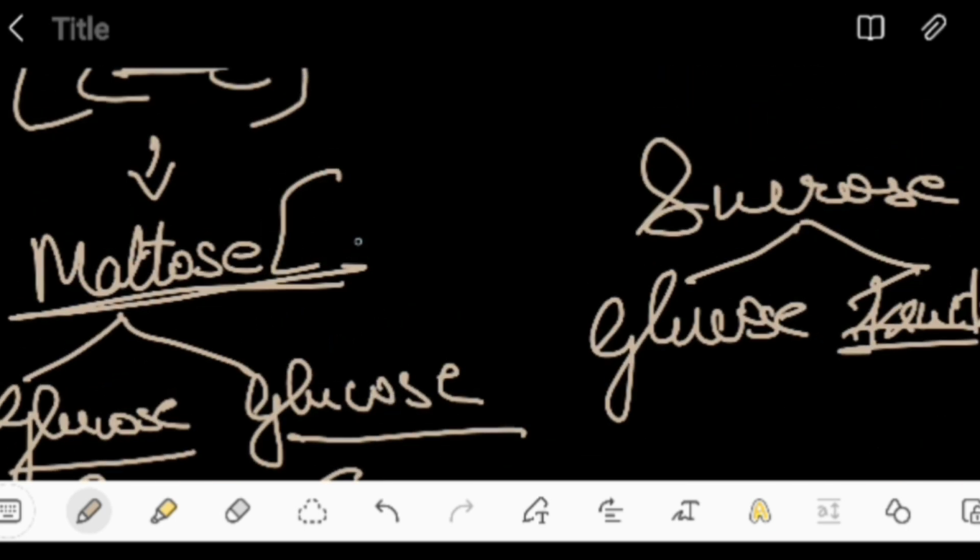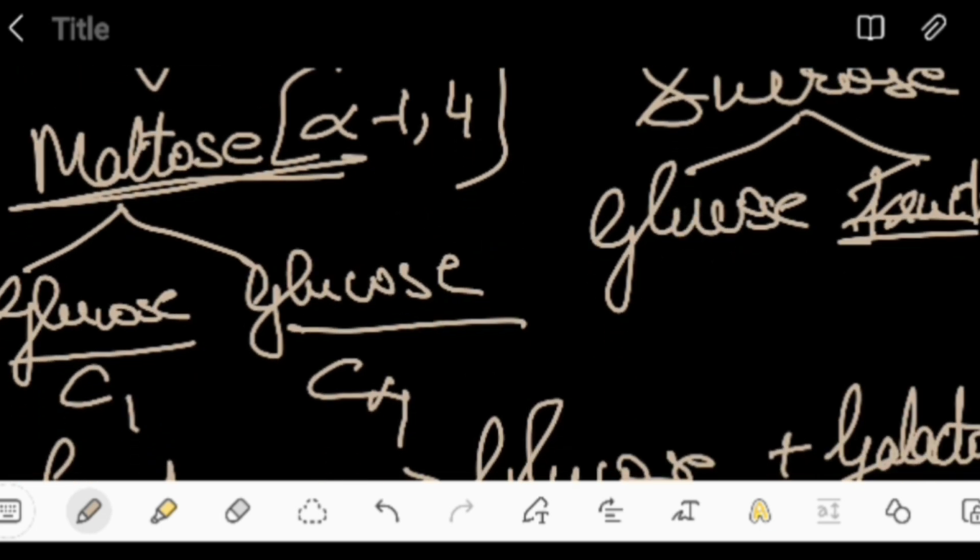So you have an alpha 1,4 glycosidic linkage. That you studied in chemistry. That is, C1 of alpha glucose connects with the glycosidic linkage to C4 of another alpha glucose.